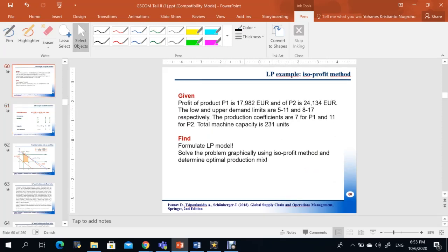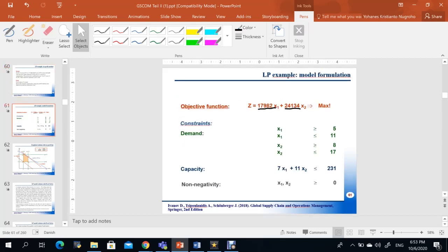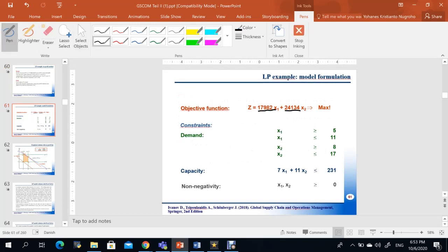And the lower and upper bound 5 to 11 for X1, so X1 cannot be less than 5 or higher than 11. Similarly for X2, cannot be less than 8 but cannot be higher than 17.